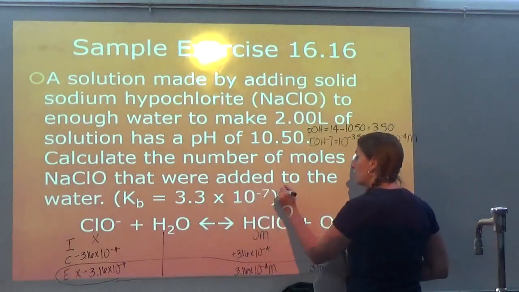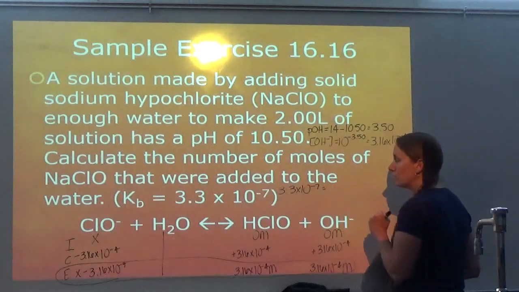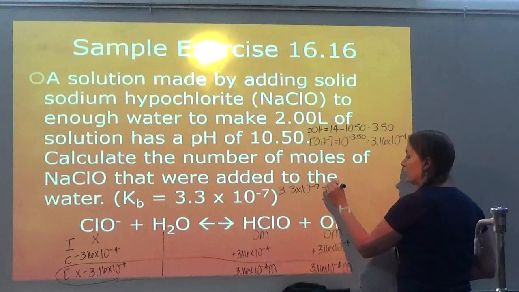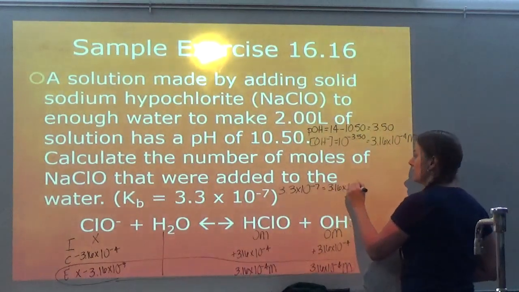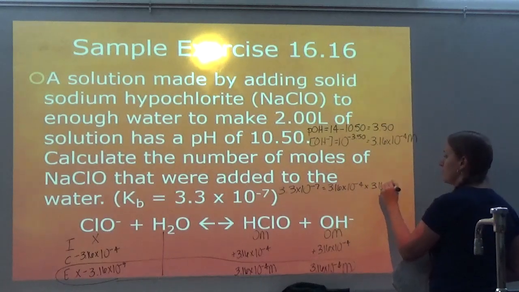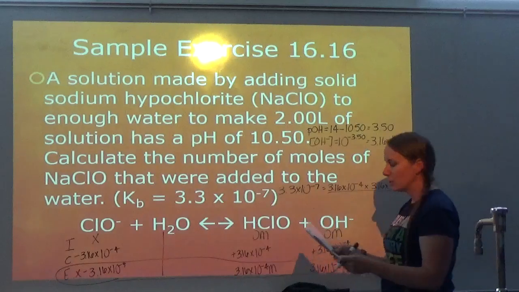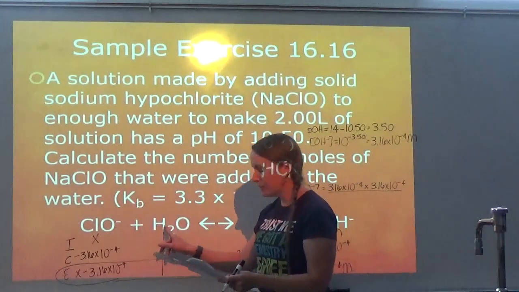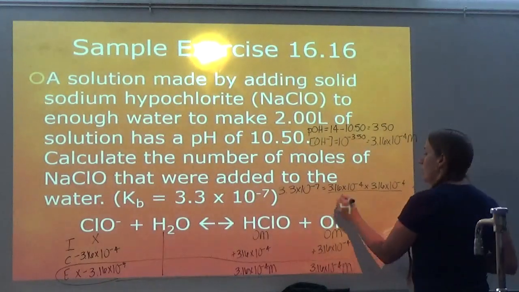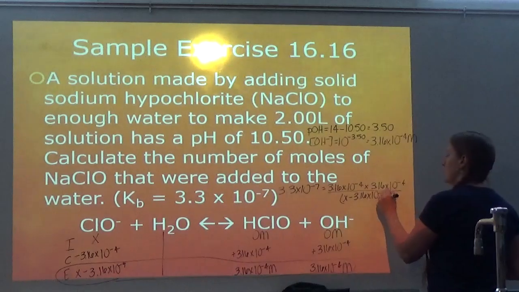So Kb, or 3.3 times 10 to the negative 7, equals my HClO, which is 3.16 times 10 to the negative 4, times my OH minus, which is 3.16 times 10 to the negative 4, over, and so then don't forget here, we don't use water. Okay, we don't use water because it's a liquid. Over my x minus 3.16 times 10 to the negative 4.